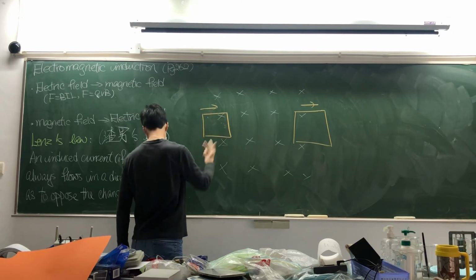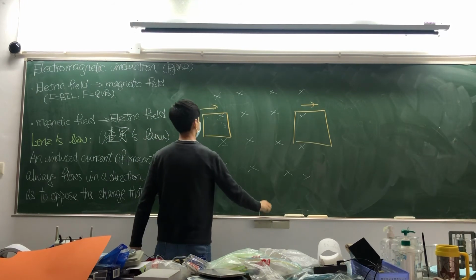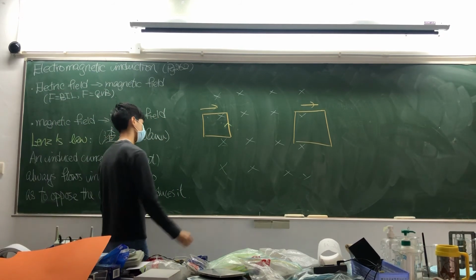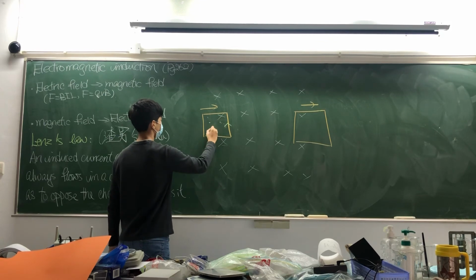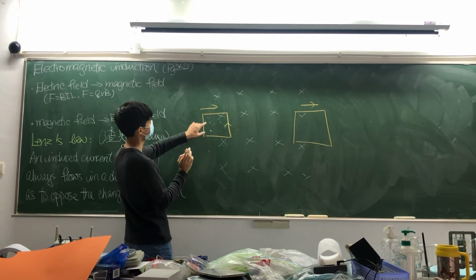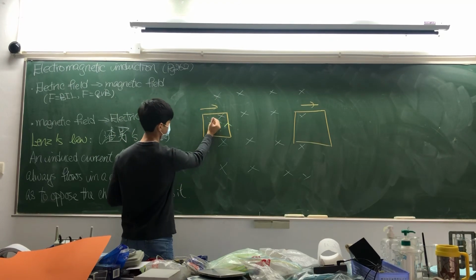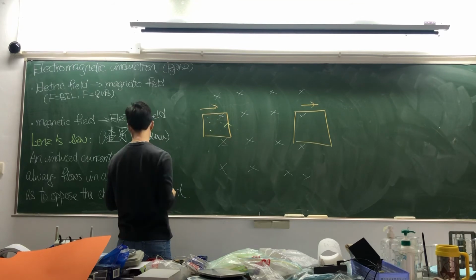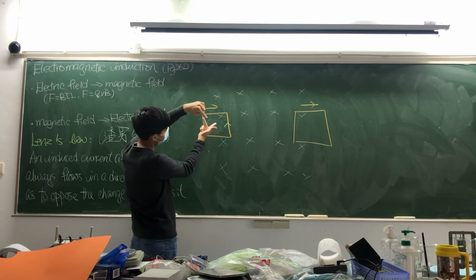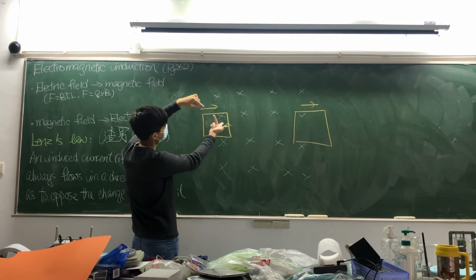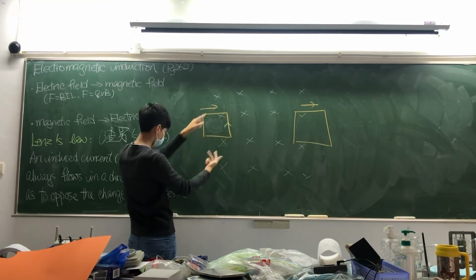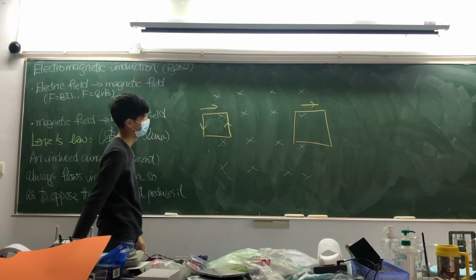Apply the rule and you find the induced current is going up, which is the same as the situation where you used Lenz's law to explain this. For Lenz's law, you need to create some dots, use the right-hand grip rule, and the direction of current is anticlockwise. By applying Fleming's right-hand rule, VBI: the velocity of this rod is moving to the right-hand side, magnetic field inward, current upward. So you get the same result.